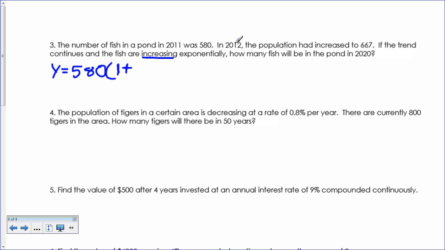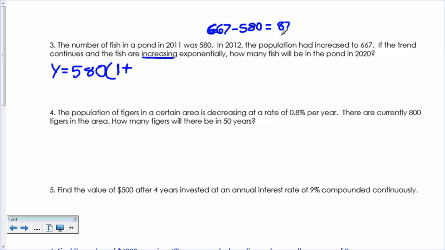Between these 2 years, the fish increased by 87. The way you find that is you take the bigger value and subtract the initial, the after minus the before, and that gives you how much the increase was.